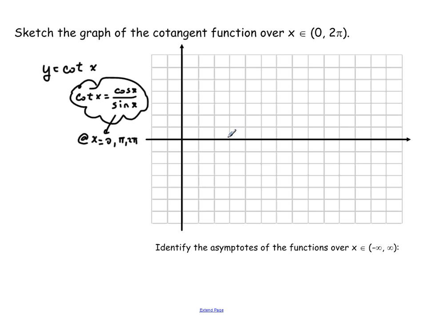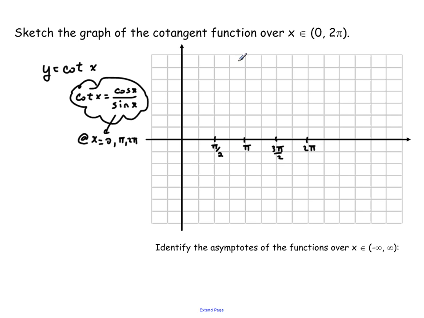So I'm going to go out here. I will choose, here's pi over 2. I'll make this pi right here. I'll make this 3 pi over 2 right here. I'll make this 2 pi. All right, so what can I tell about my function?